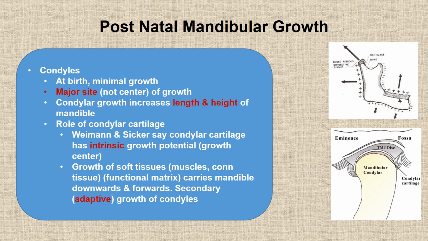But the current opinion is that it's the growth of the soft tissue, or the functional matrix. This is namely the muscles and the connective tissue, which carries the mandible downwards and forwards, and this causes secondary adaptive growth of the condyles.